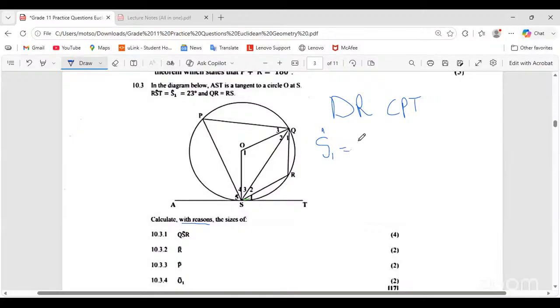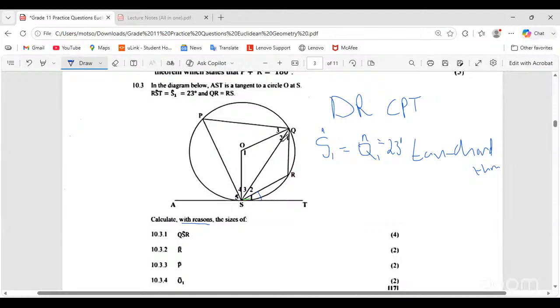We saw that when we were using DRCPT. This is the angle between the tangent and the chord. We go to the triangle, to the angle that is opposite the chord, which is that one. Q1 is equal to 23 degrees, reason being the tan chord theorem.